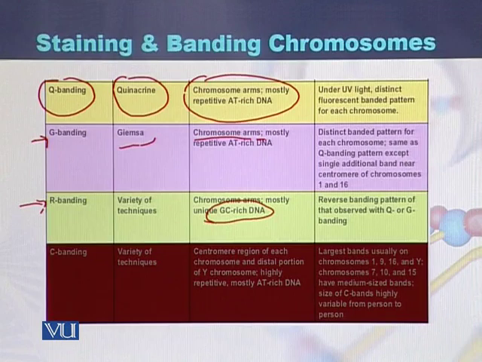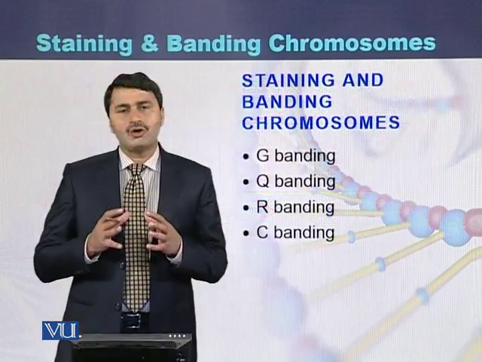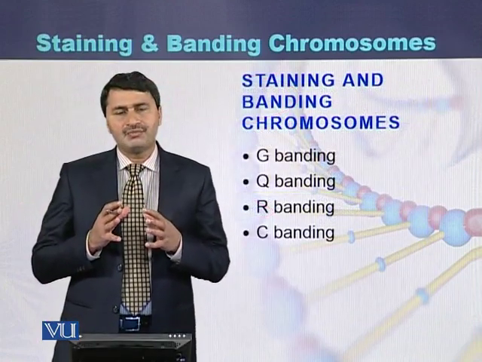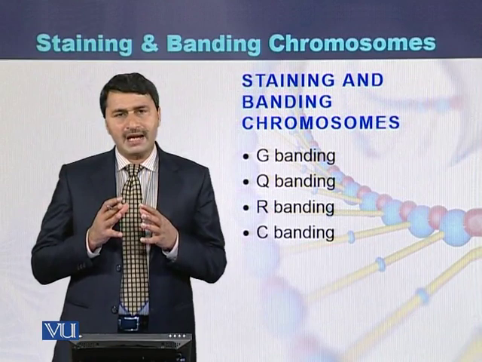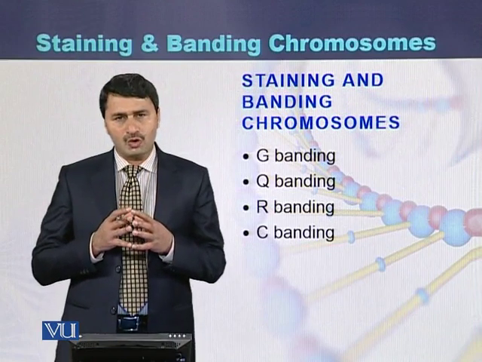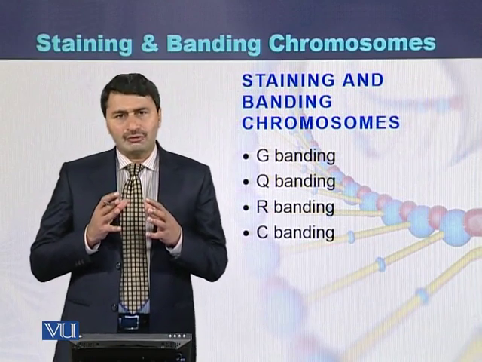The 4th type of the banding pattern is C banding. To perform C banding, there are different techniques, and C banding is particularly for the centromere of the chromosomes. So we can say that there are different banding patterns of the chromosomes.